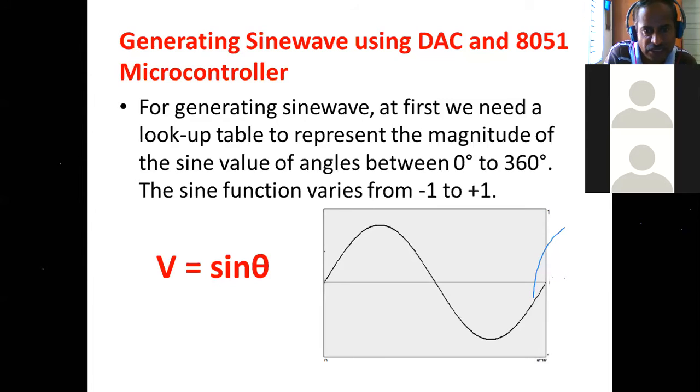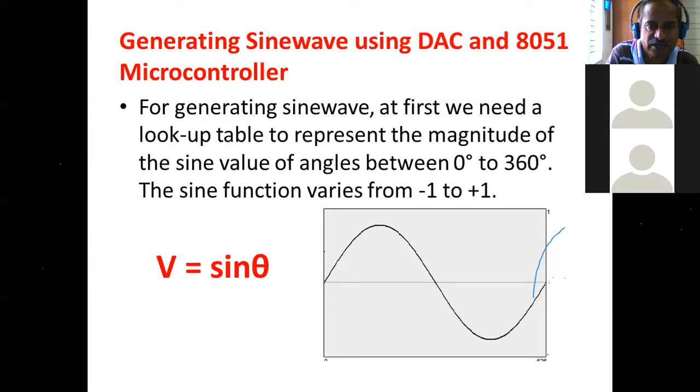Okay. Now if value of theta is 270, now the value of sine 270 is -1 volt. So V is equal to -1.